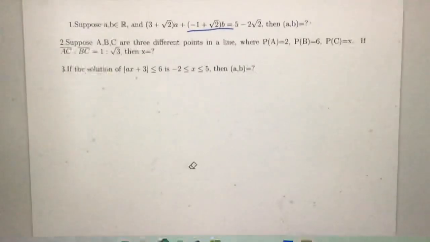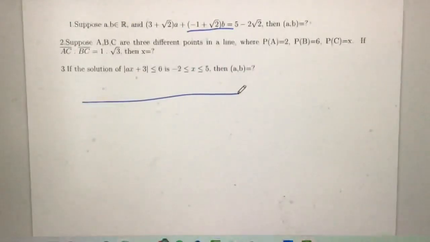So if AC and BC equal 1 to square root 3, where is X? This is the problem of the section formula. So for this one you will have 2 cases.